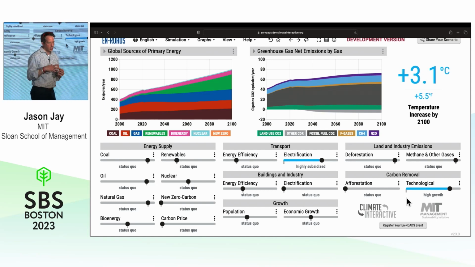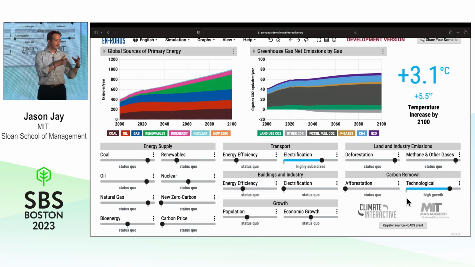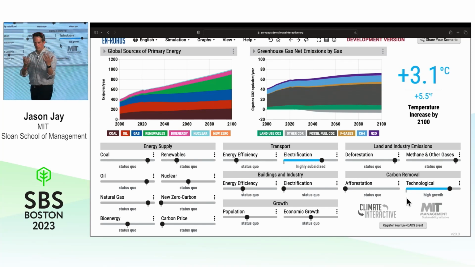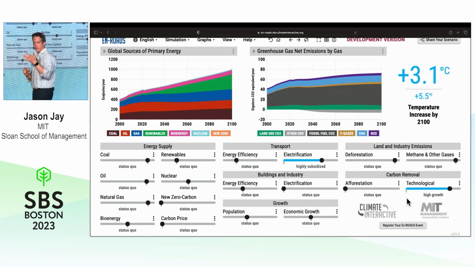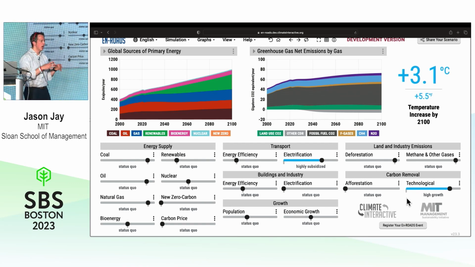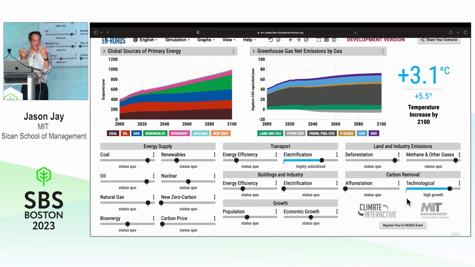So there are carbon tax, carbon fee, cap and trade systems in a regulatory market where you have to buy permits to be able to emit. We buy and sell those permits. It discovers a price, as well as voluntary participation. So I might say, I'm going to offset all my carbon as some big company, and I go participate in the voluntary carbon markets. I'm effectively imposing a carbon price on myself.